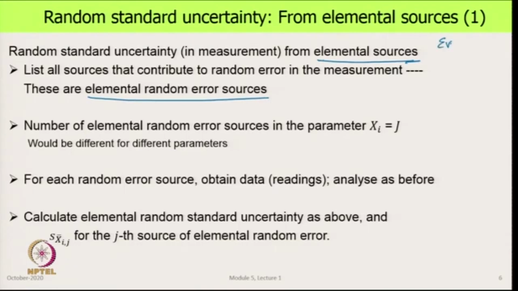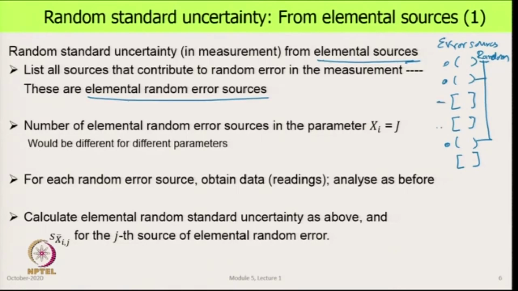So, you have error sources, and we say that these are various error sources, and we say that this and this are based on data and they are random in nature. So, each one of these together form a family which is the elemental random error source, or source of elemental random errors.